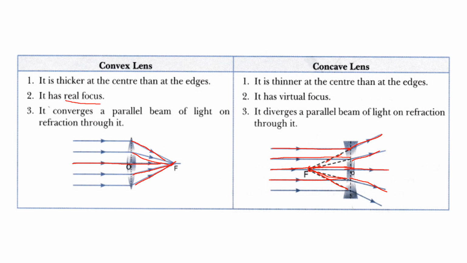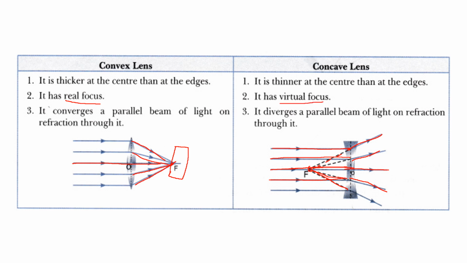Why is it a real focus? Because rays are actually meeting at this point. This is happening in reality. If you keep a screen over here, you will find the image formed on this screen. Clear? In case of a concave lens, it has a virtual focus.